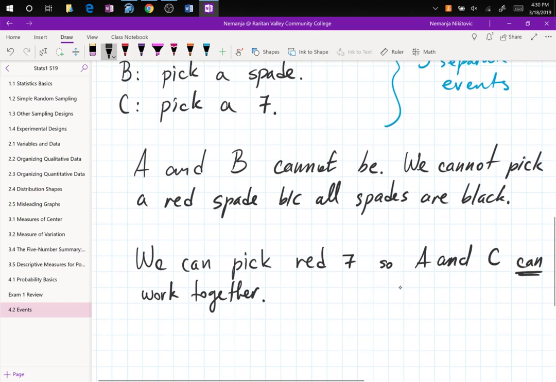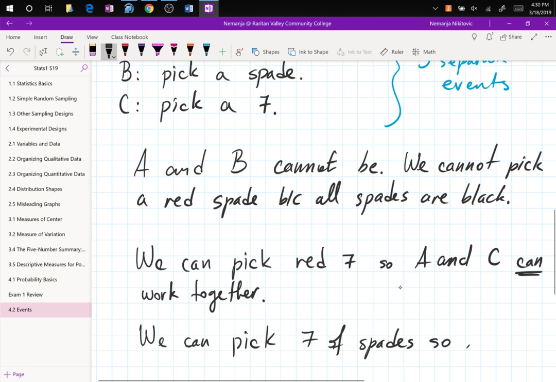And can you pick 7 of spades? Yeah, there is a 7 of spades in the deck, right? You have 4 7s. 7 of hearts, 7 of spades, right? So we can pick the seven of spades.